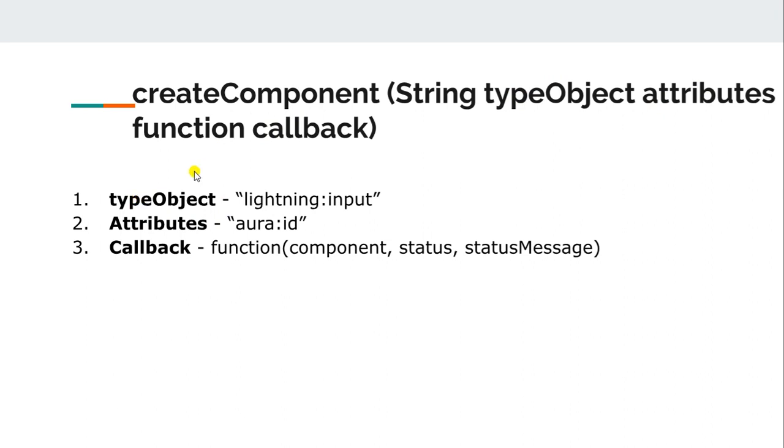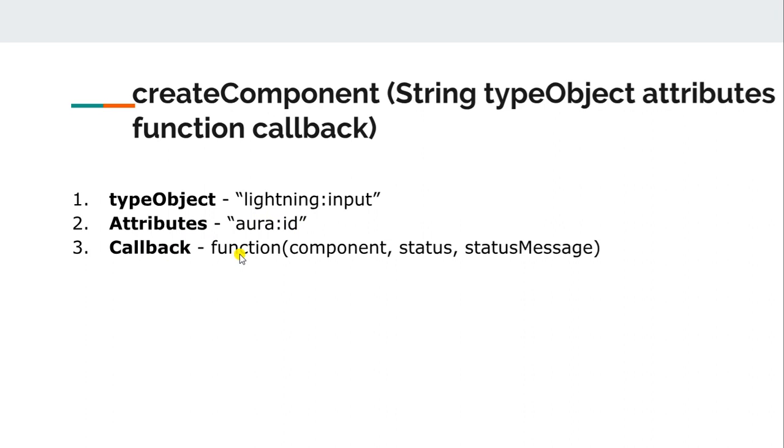One is the type of object, that means what type of component we want to create, let's say lightning:input, lightning:button, dual listbox, lightning:map, whatever we want to create. And then the attributes, such as aura:id, onclick in case of a button, onchange in case of input or select, all that.